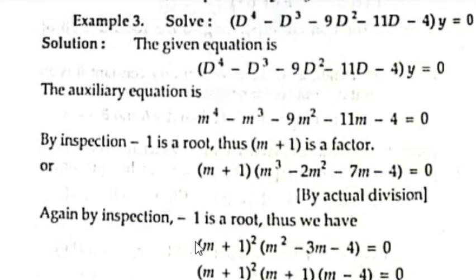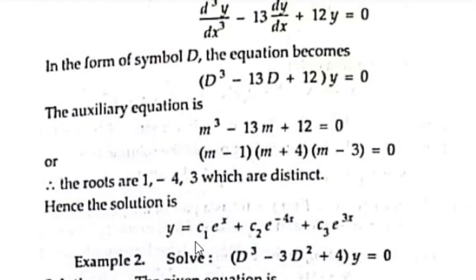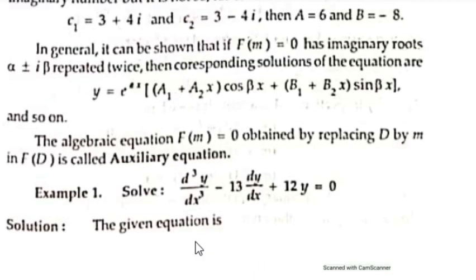In the yesterday class we have seen that when the 2 roots are complex, that is third case, say m1 is equal to alpha plus i beta, m2 is equal to alpha minus i beta, we write the solution as y is equal to e raised to alpha x, a cos beta x plus b sin beta x.